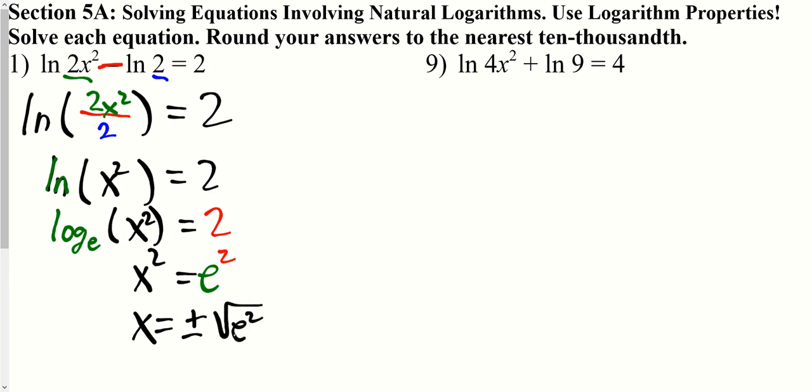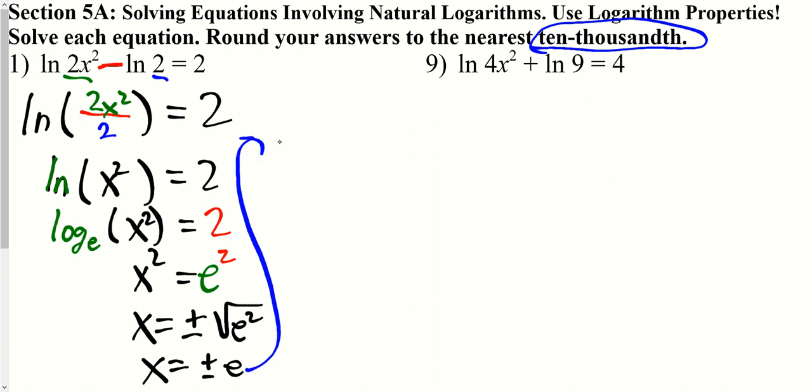Well, hopefully you remember from the last quarter that the square root undoes your squaring, so it's really plus or minus e. But note, our directions say to the nearest ten thousandths. So we can type that into your calculator.